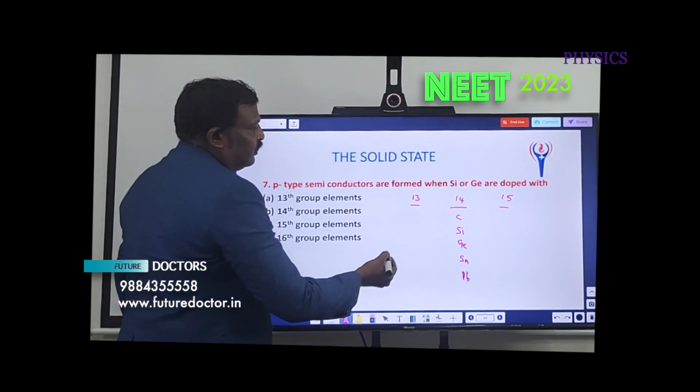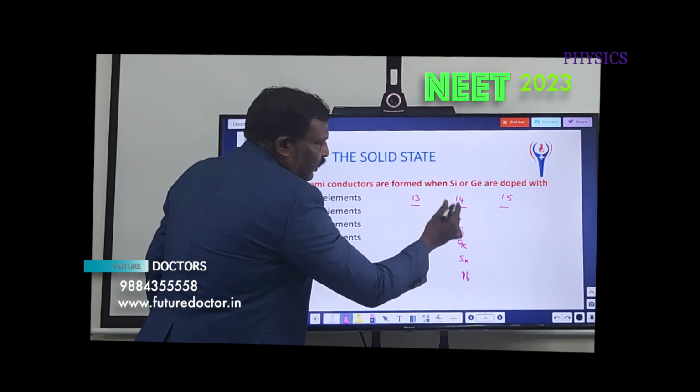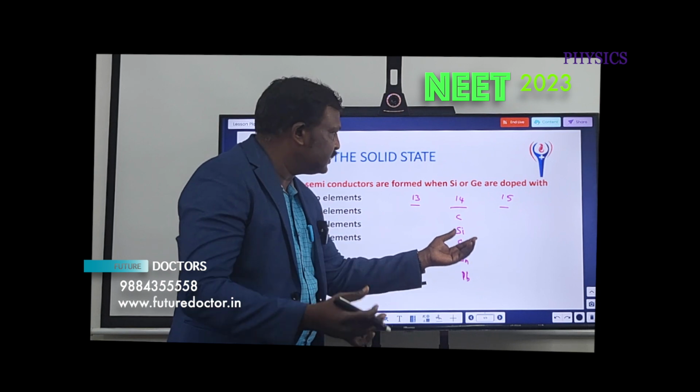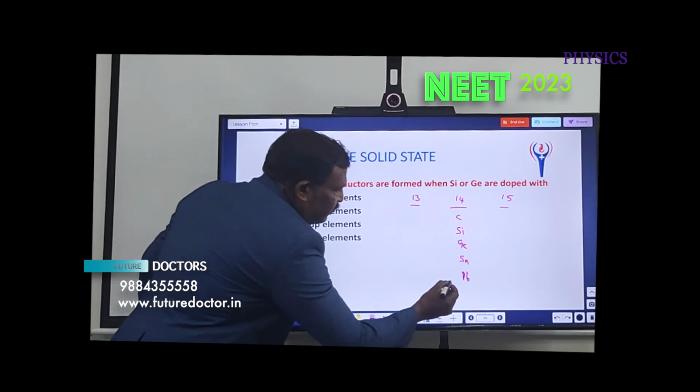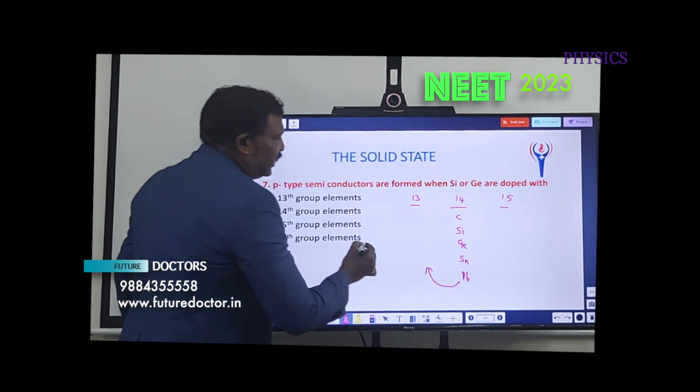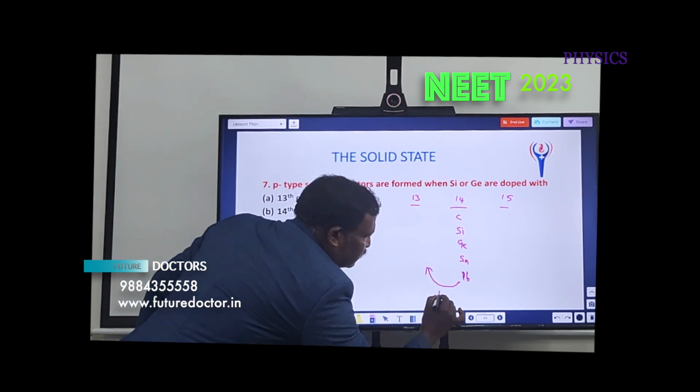If you want these elements to act as a semiconductor, we should add these elements with what? These elements. Then we are getting a P-type semiconductor.